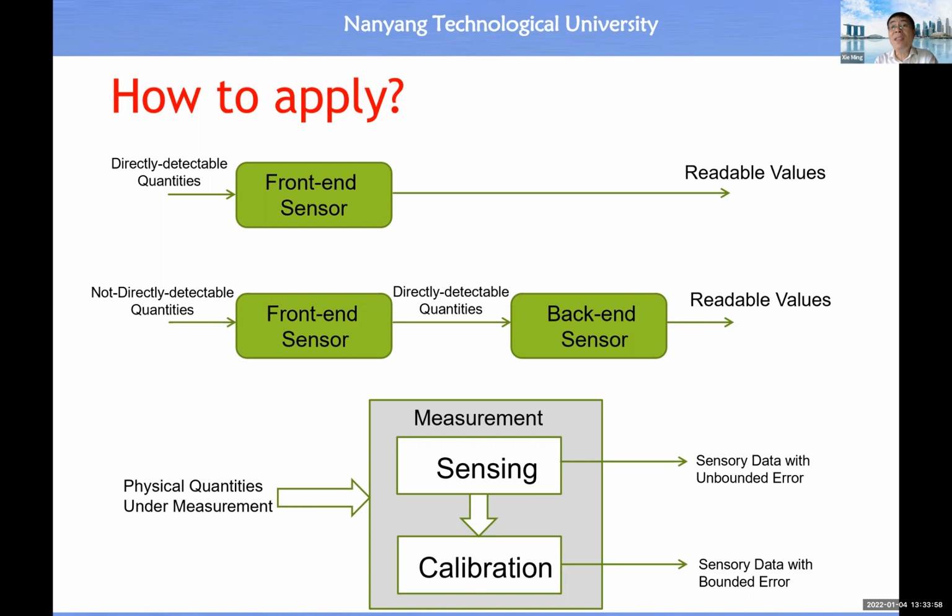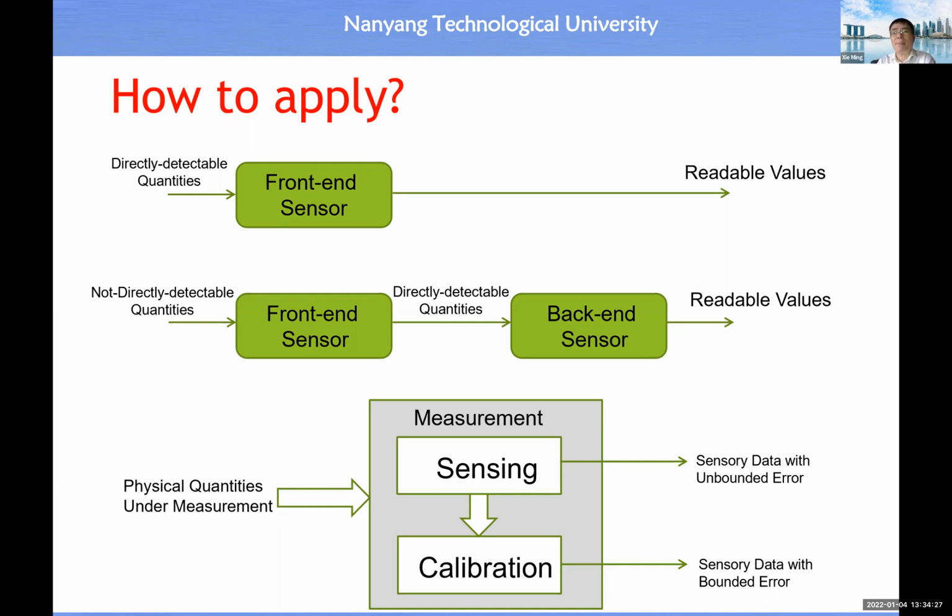The first one corresponds to the case in which you just need to use a single front-end sensing element in order to obtain a readable value, right? But in most cases, you may face the second situation in which you have to make use of a front-end sensing element plus a back-end sensing element in order to obtain a readable value, right?